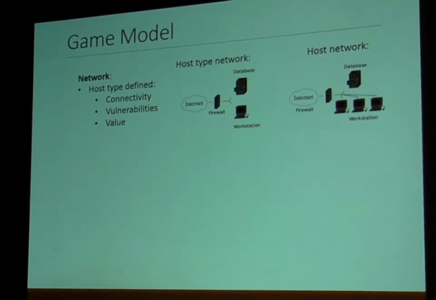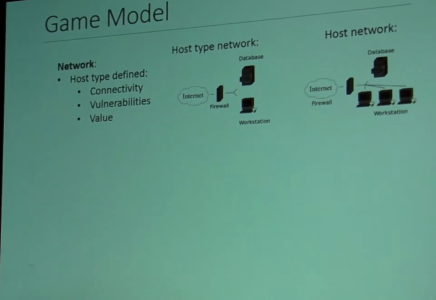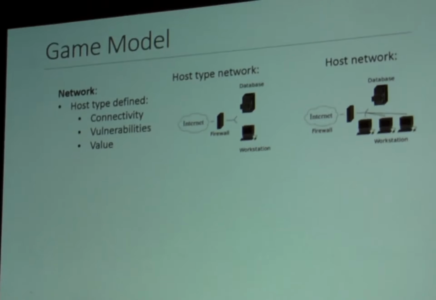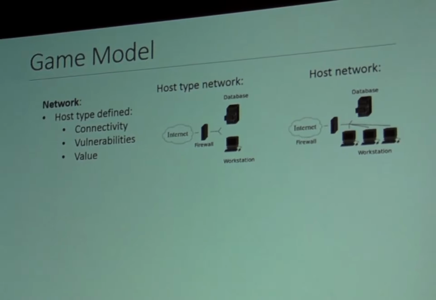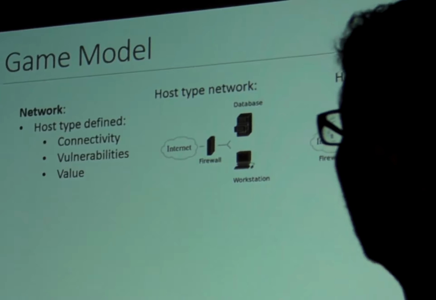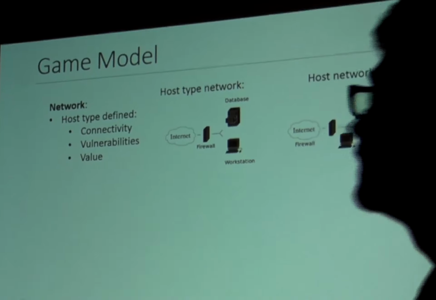Okay, so first of all, what we do: a network consists of several sets of hosts, and each host we define by its connection to the network, its number of vulnerabilities, and also value. So how valuable is that host to the attacker and the defender?